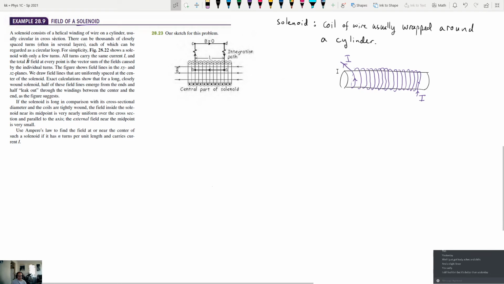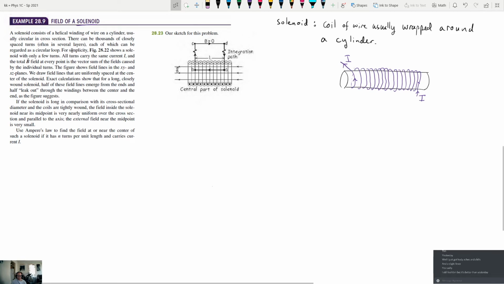So you don't have to wrap just one, two, three individual wires like this. You could wrap it over and over again. The solenoids we have at the school have something like thousands of turns per meter, because we're going to find out that's how you make the magnetic field really big.